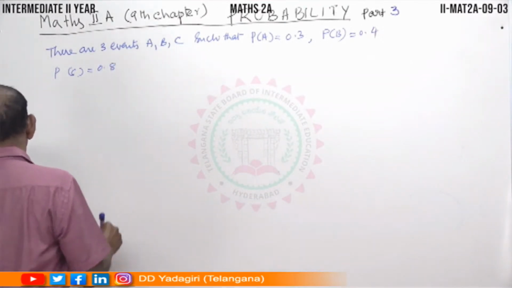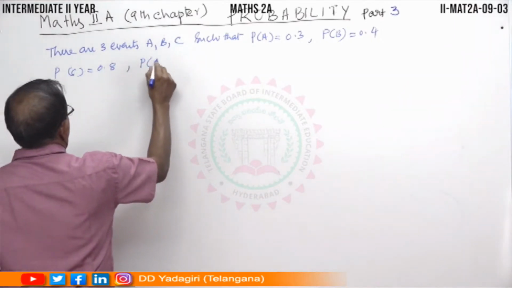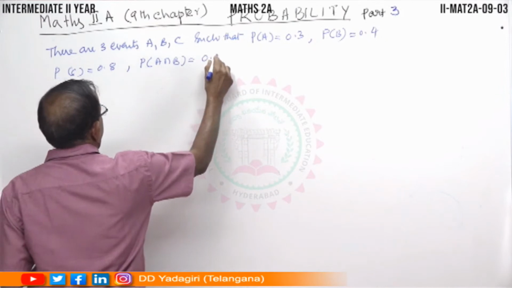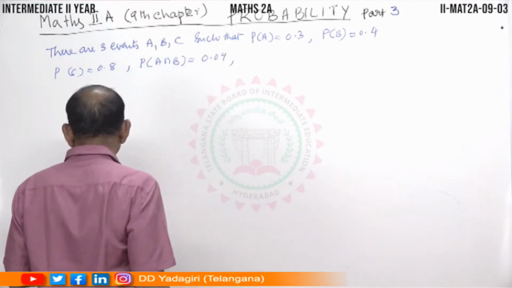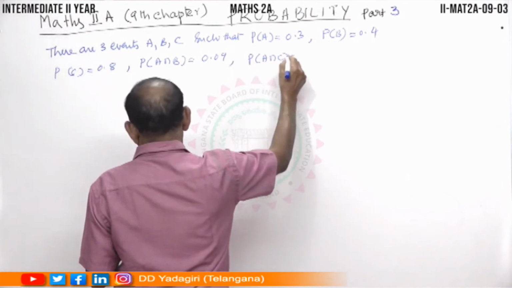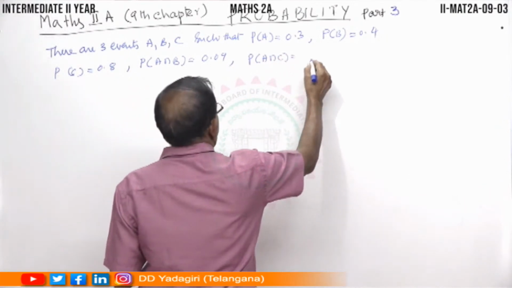P of A intersection B is 0.09. P of A intersection C is 0.28.